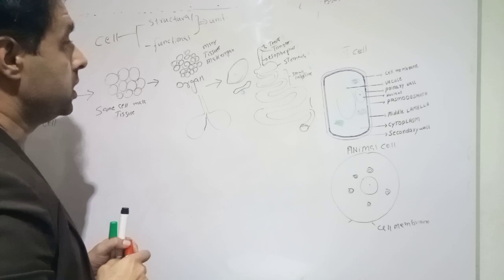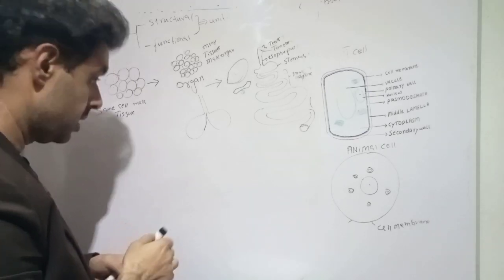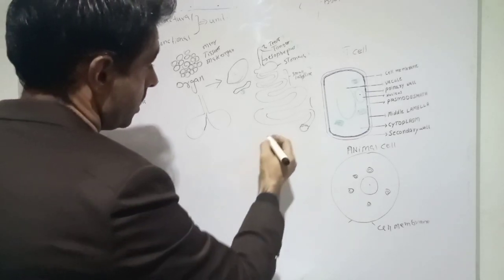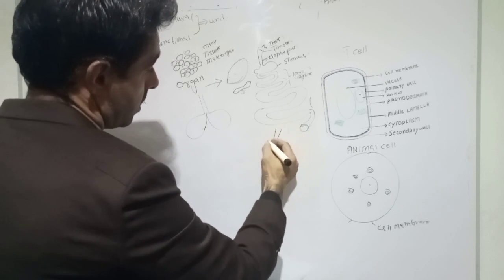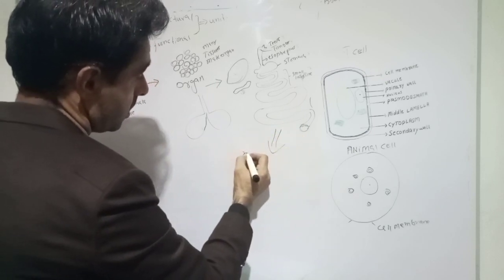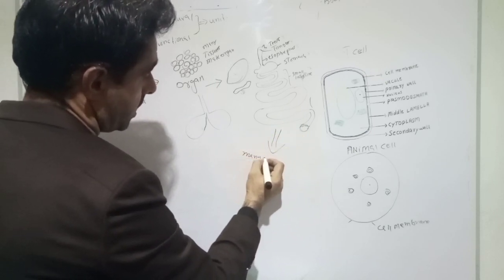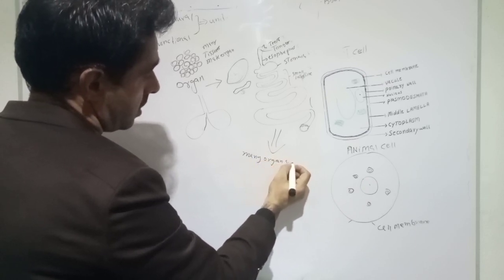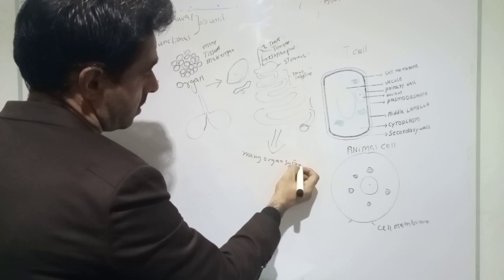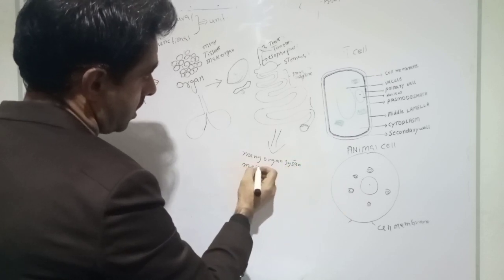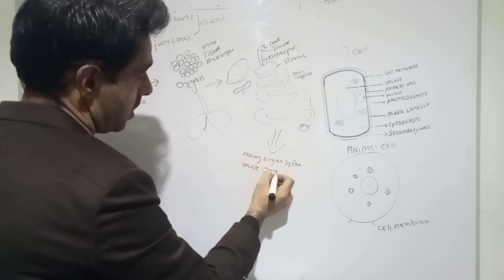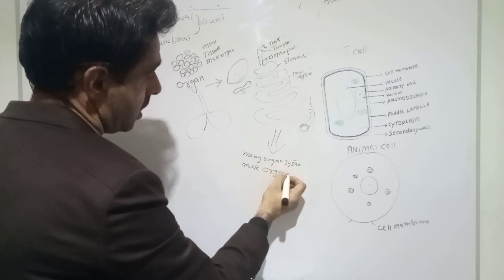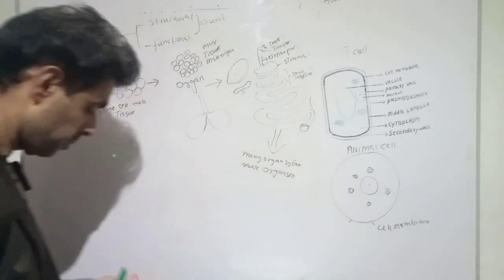Now, these organ systems make the organism. Many organ systems make an organism.